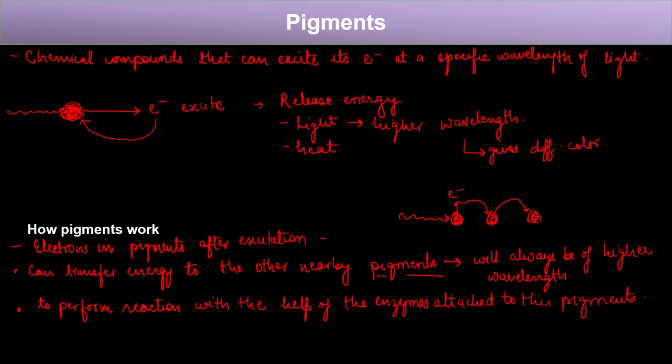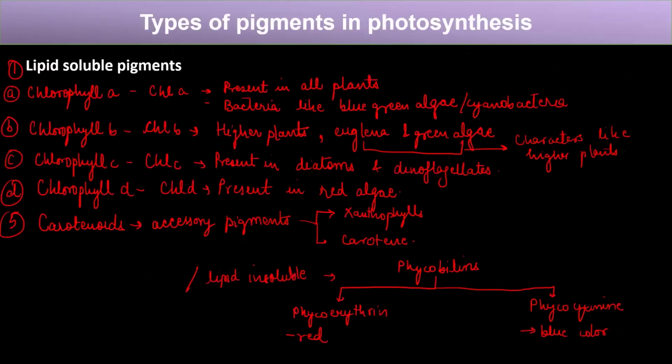This wavelength of light corresponds to certain colors, right? So if I'm saying that phycoerythrin is of red color, it means that upon excitation, when the electrons of phycoerythrin come back to the ground state, it releases light that corresponds to the red wavelength. By this, what I mean is that these pigments are different colors.